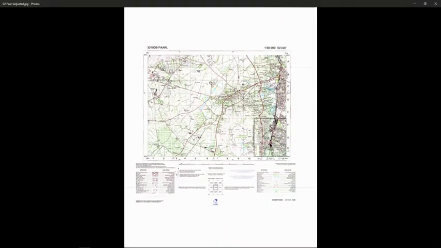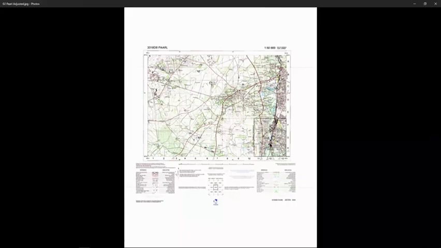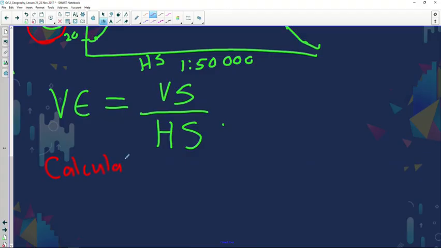Now, if we quickly have a look, if the question states, calculate the vertical exaggeration on the topographical map, immediately you need to know there's your scale. So what will the question look like eventually? The question will state, calculate the vertical exaggeration for the cross section on the topographical map.